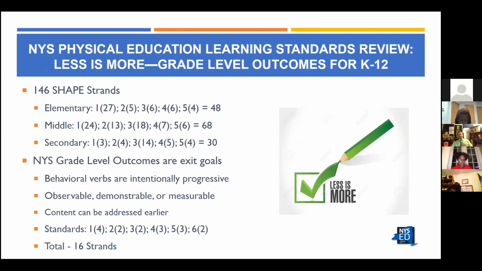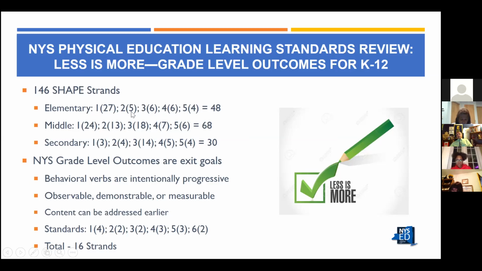So what do we mean by that? Well, Shape America has 5 national standards, and each of the national standards is broken into content strands by level: elementary, middle, and secondary. So take a look. National Standard 1 at the elementary level is broken into 27 content strands. If you look in comparison to ours, we broke into 4 total.